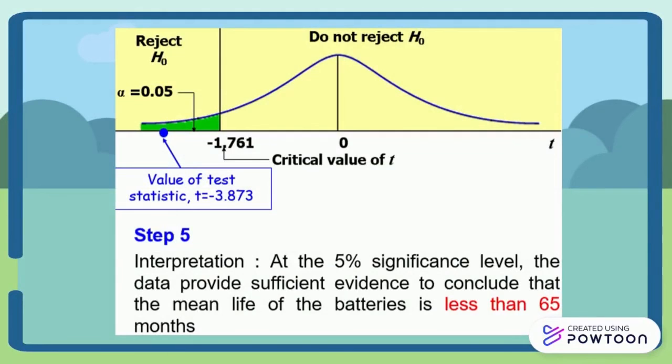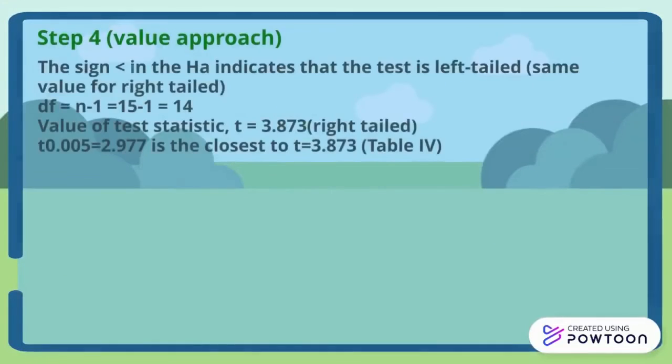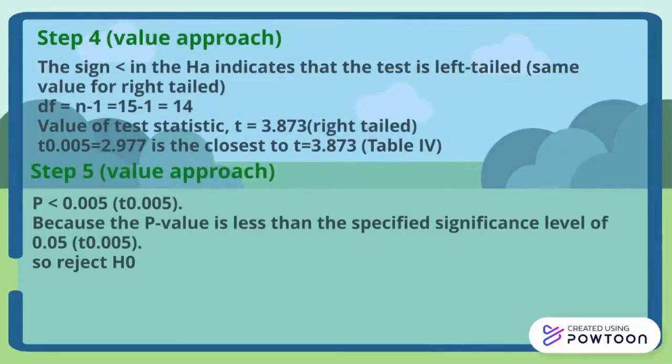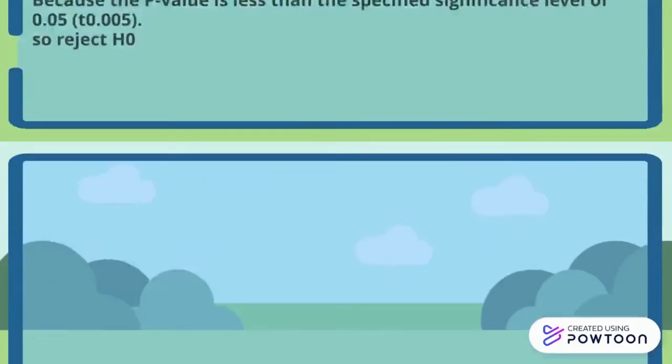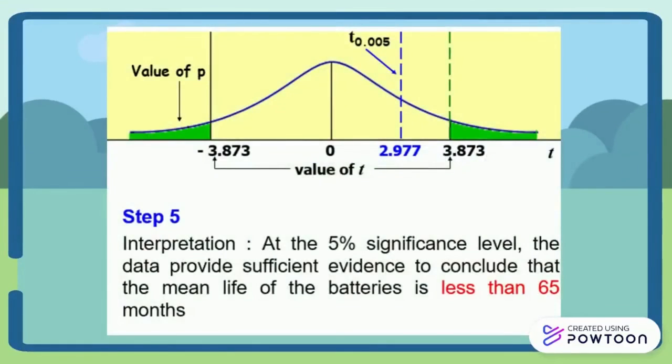This is the graph for step 5 for critical value approach. Step 4 p-value approach and step 5 p-value approach. This is the graph for p-value approach.